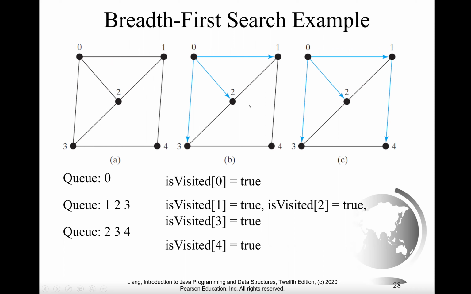And after this, we're going to visit the neighbors of these neighbors 1, 2, 3 if they are not visited. The next one is 4. So this is level by level. We're going to implement it using a queue.